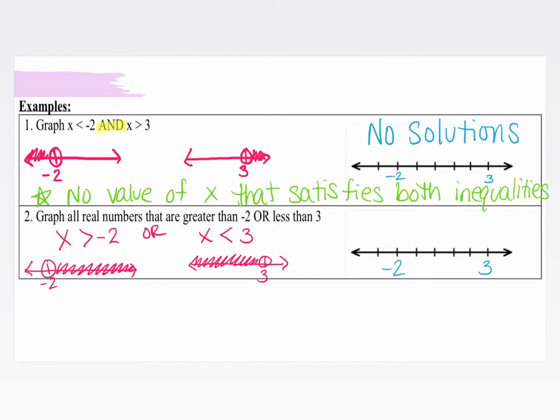Well, if we think about numbers that are greater than -2, that's -1, 0, 1, 2, 3, 4, 5, 6, etc., all the way up to positive infinity. If we think of numbers that are less than 3, that could be -2, -1, 0, all the way to negative infinity.